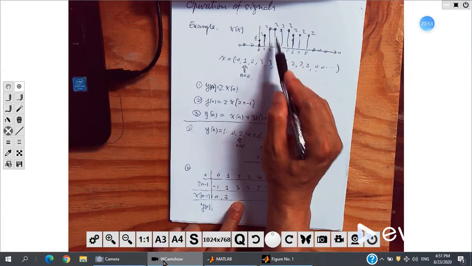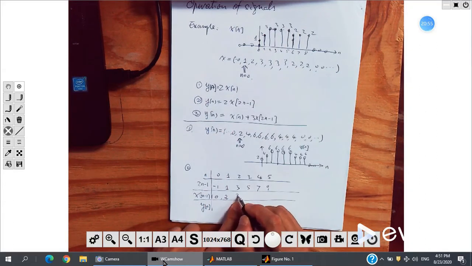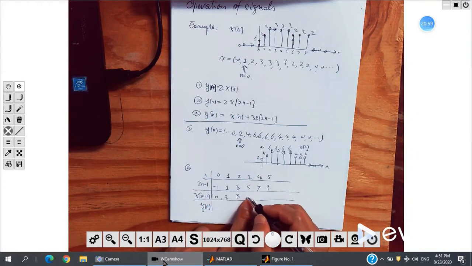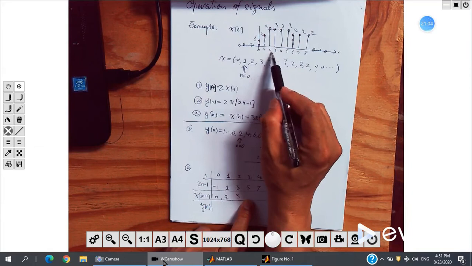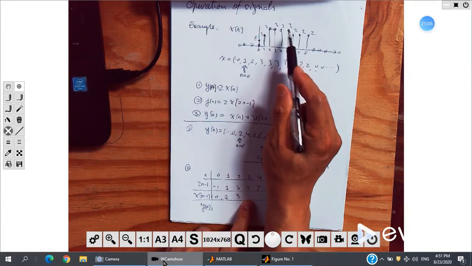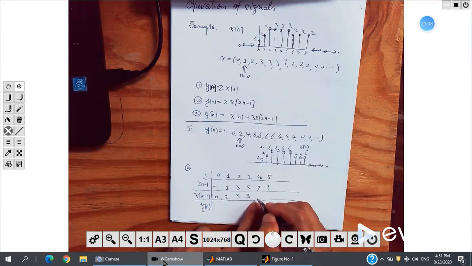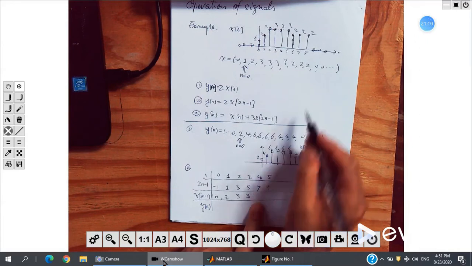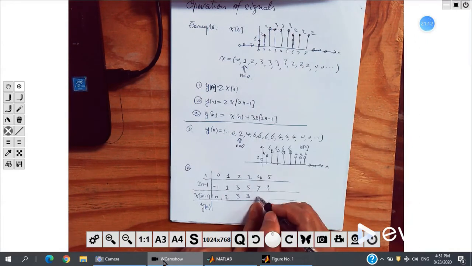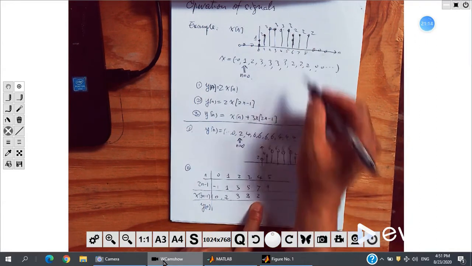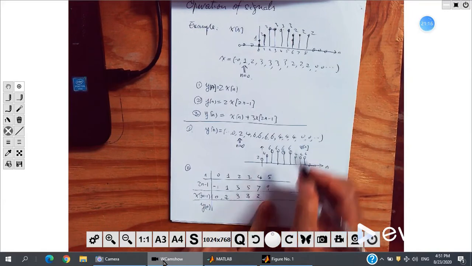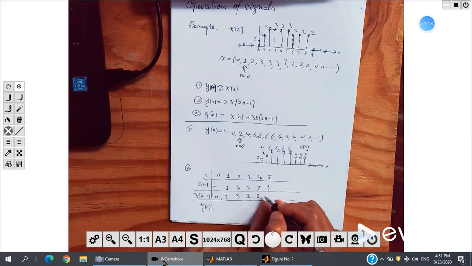Here it is 3, so this is 3. Similarly, the next value will be x[5]. 1, 2, 3, 4, 5, x[5] is still 3. Then x[7] is 2, right? x[7] is 2, x[9] is 0, then 0.